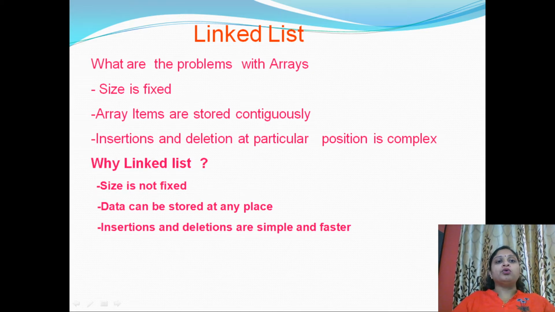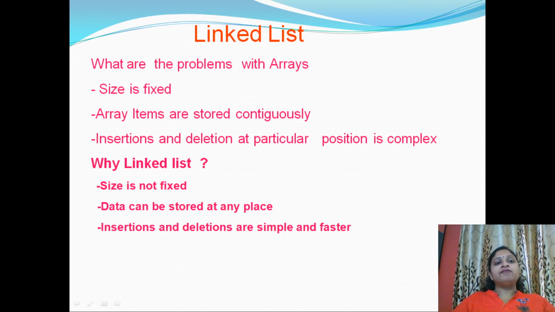Whenever you are going to create an array, you need continuous memory. If it is non-continuous memory, you cannot use that space, and it will show you an error message: you cannot create an array. So that is the second problem we are facing with arrays.